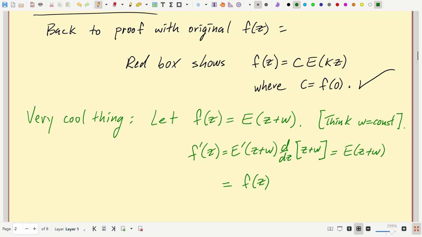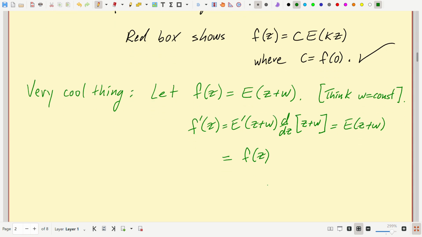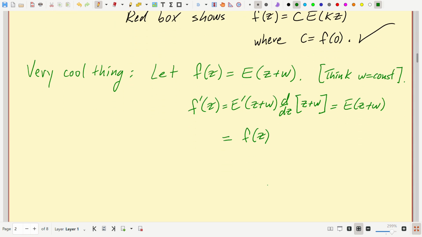So that f of z satisfies the hypothesis of the lemma with k equals 1. So it satisfies the hypothesis of the lemma with k equals 1.